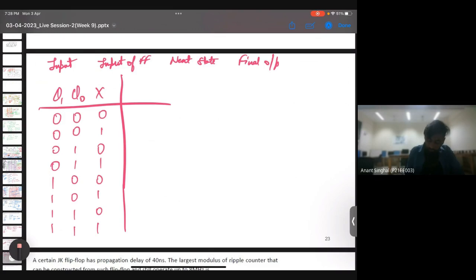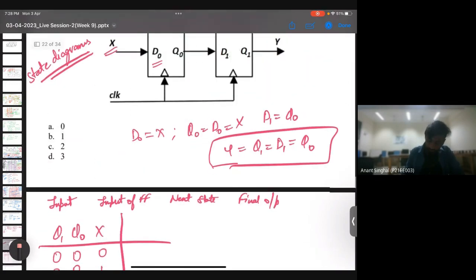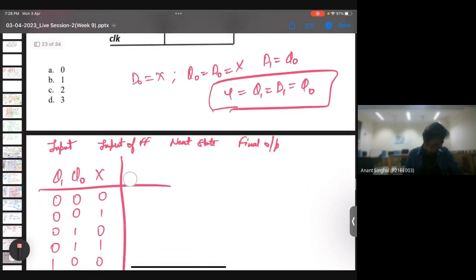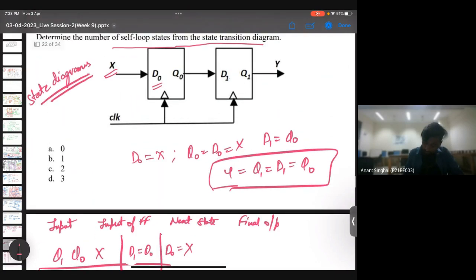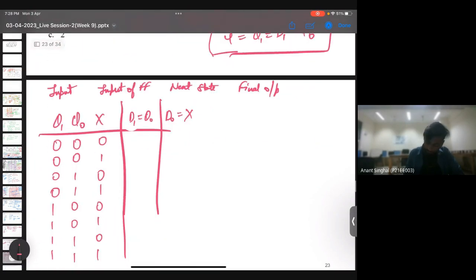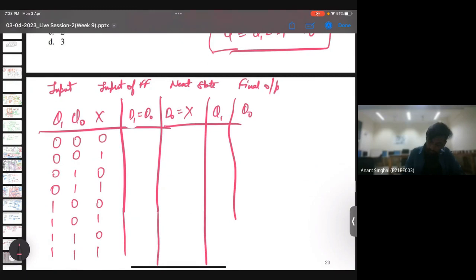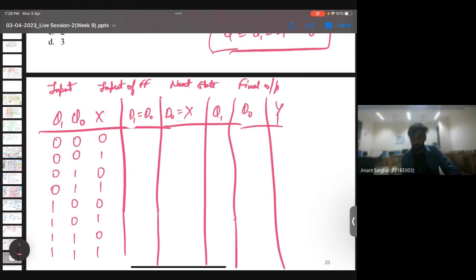Then we'll write D1 and D0: D1 is Q naught, and D0 is X. Then we'll write the next state, which is Q1 and Q0, and then the final output Y. Is it clear till here?